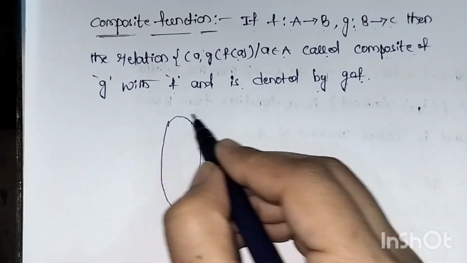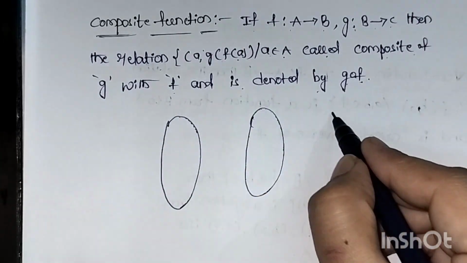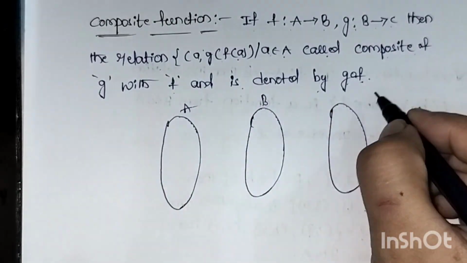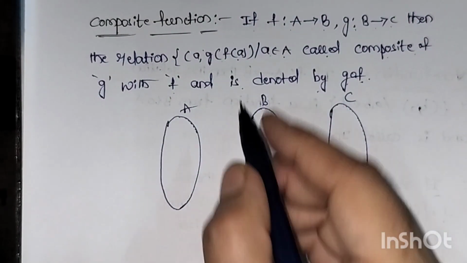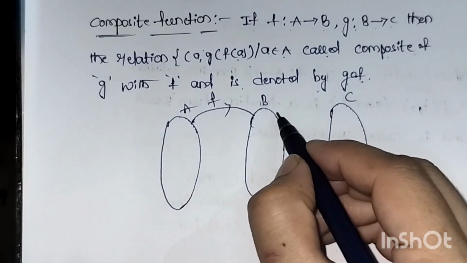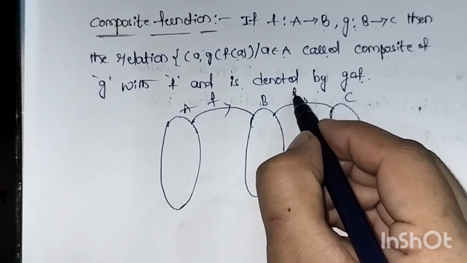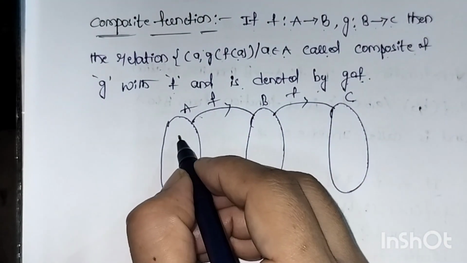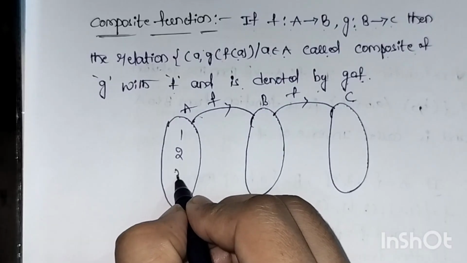Take three sets. This is set A, this is set B, this is set C. F is a function from A to B. G is a function from B to C. Set A elements are 1, 2, 3.